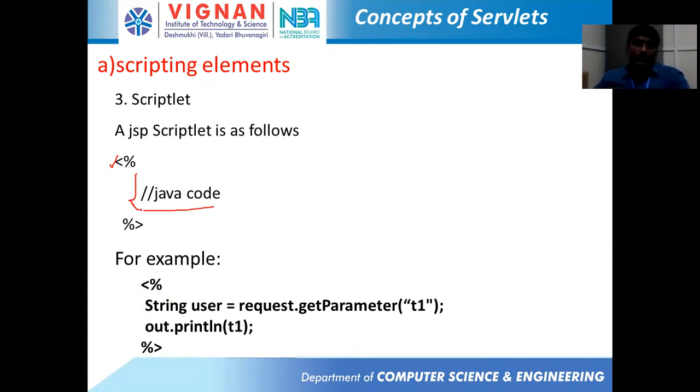For example here, request.getParameter, as usual Java code that we write in a servlet, we can place here. So during the translation phase, this Java code will be placed in the service method. Whatever you have written within the scriptlet will be placed in the service method of the servlet.